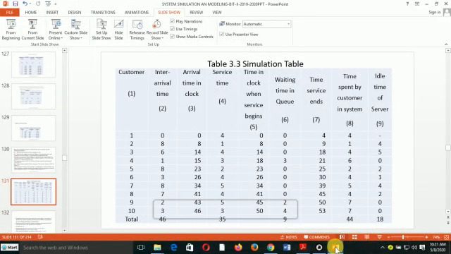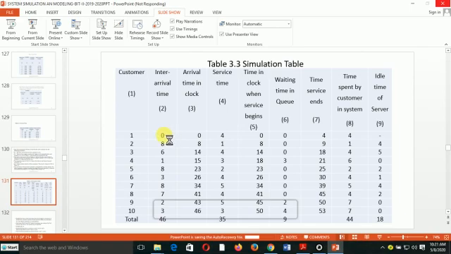Let's check here: the arrival of the first customer is 0.